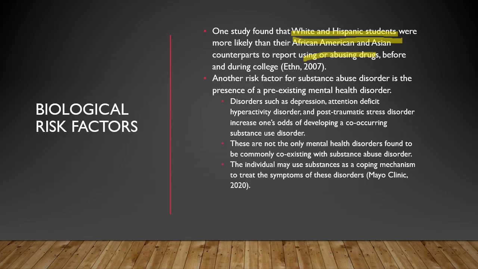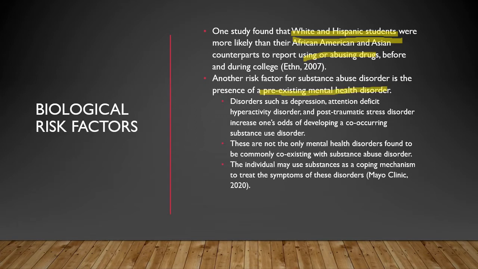Another risk factor for substance use disorder is the presence of a pre-existing mental health disorder. We did cover that in our previous lectures. This is considered a biological risk factor. So having a pre-existing mental health disorder is considered a risk factor for substance use disorder.